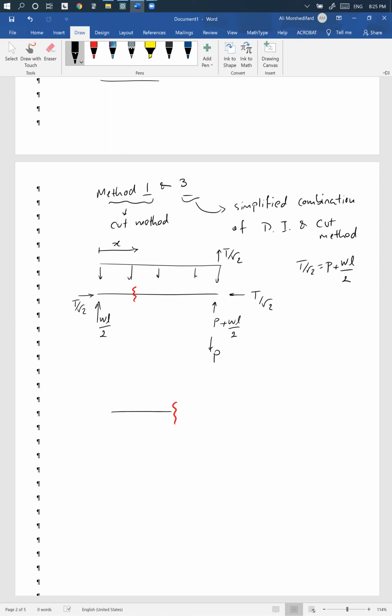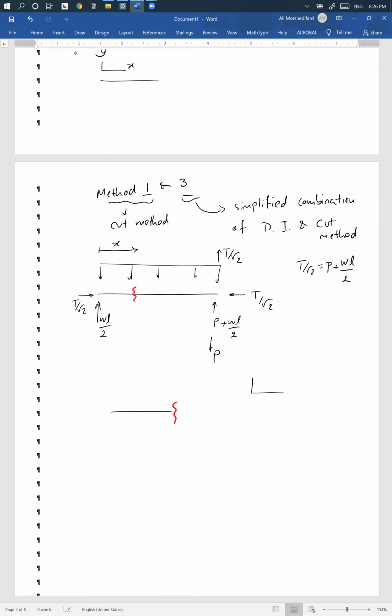Based on what I told you in class, how can you tell the positive direction of things based on your coordinate system? For the positive direction of shear, I can see that based on the cut, normal to the cut is T hat. So this is the positive direction of axial force.